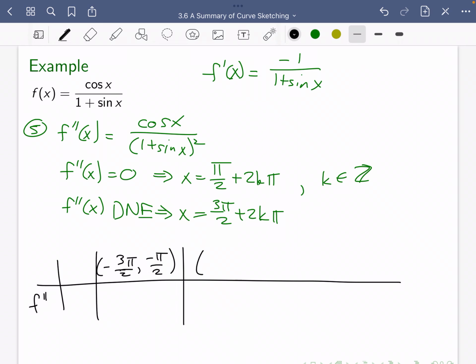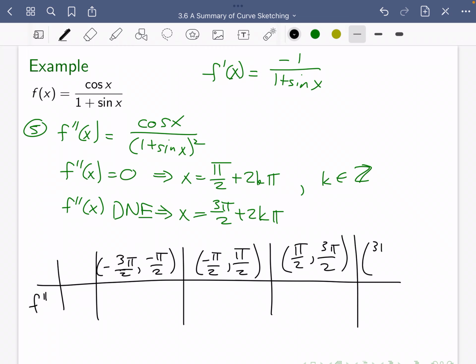Let's go from negative pi over 2 to positive pi over 2. Pi over 2 to 3 pi over 2, 3 pi over 2 to 5 pi over 2.